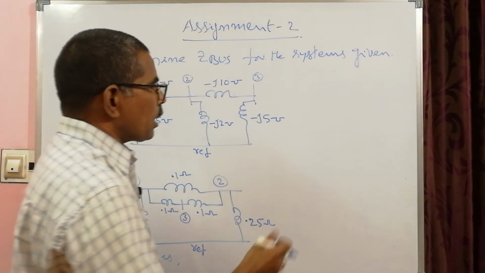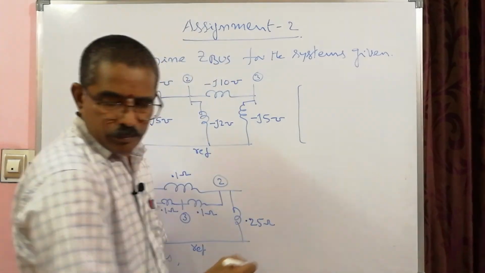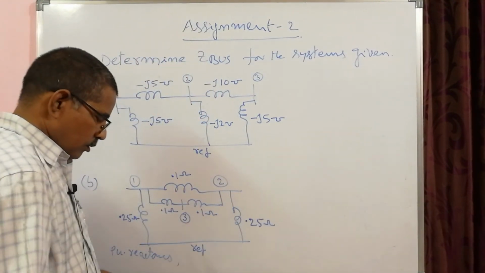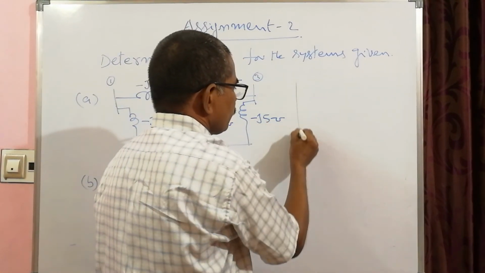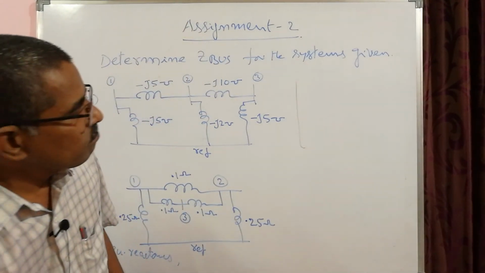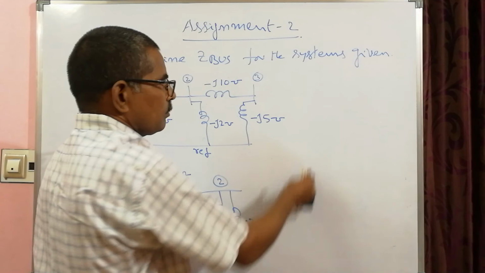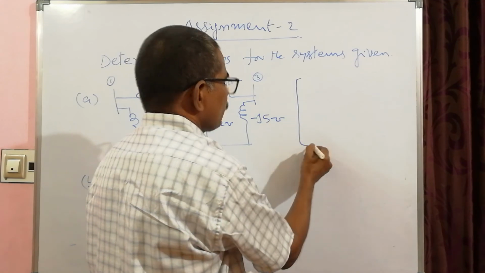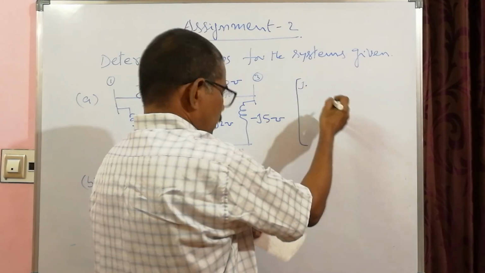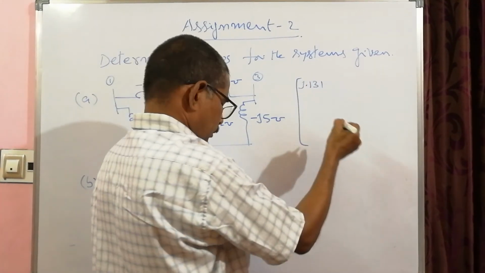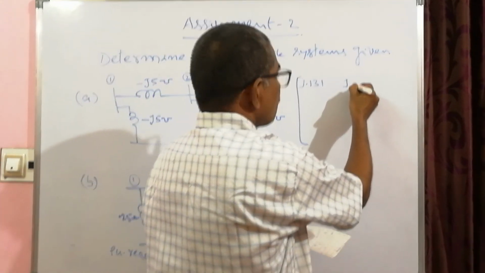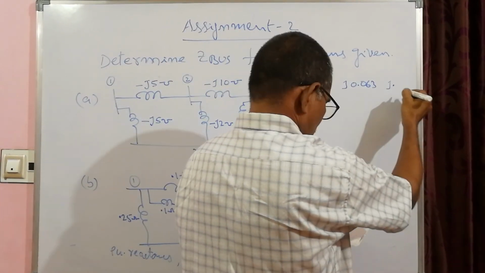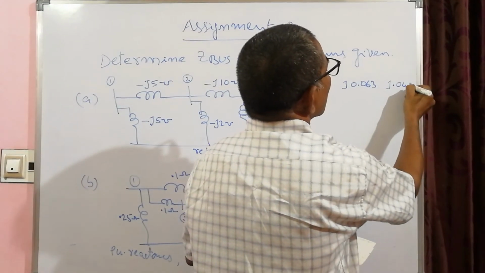Okay, please note down the answers. J 0.131, J 0.063, J 0.042.